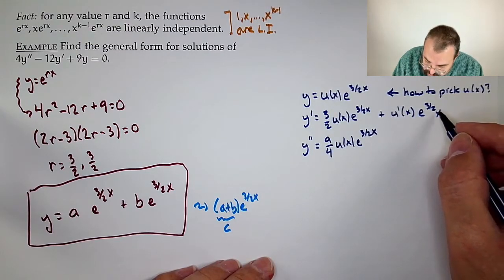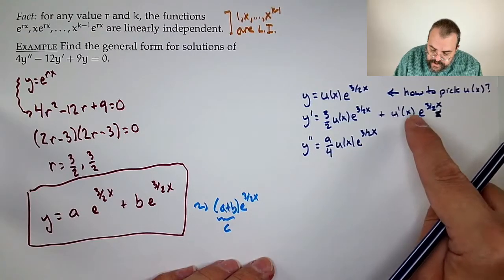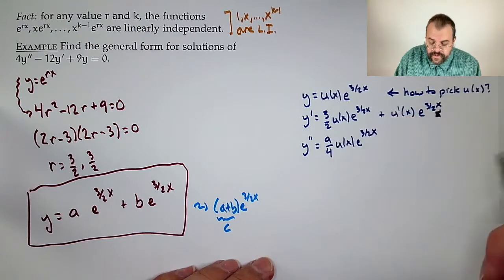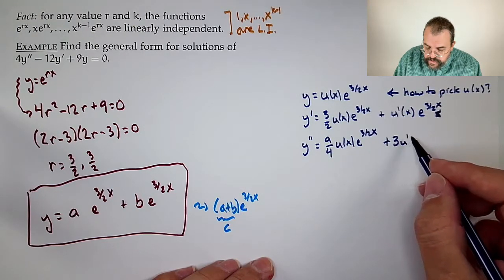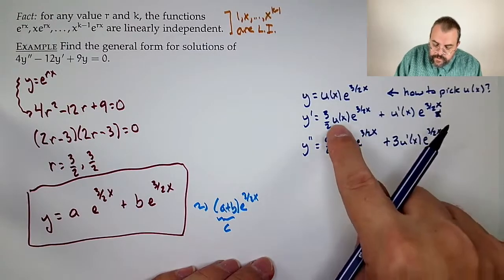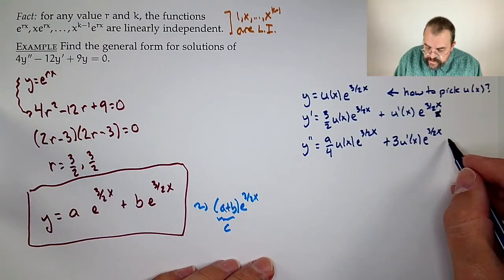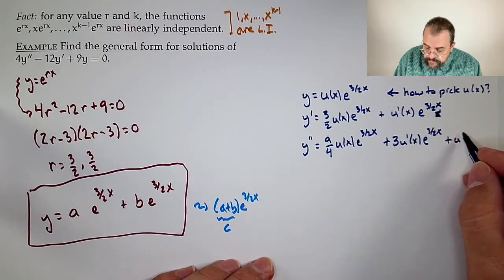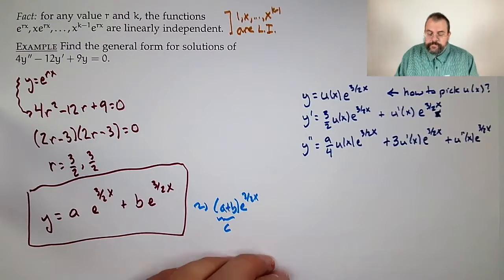There we go. So we'll have a 3/2 u prime, e to the 3/2 x coming from both places. So if we put them together, we'll get a 3 u prime of x, e to the 3/2 x. There are two derivatives showing up combined to get that term. And then, of course, we'd have u double prime of x, e to the 3/2 x.